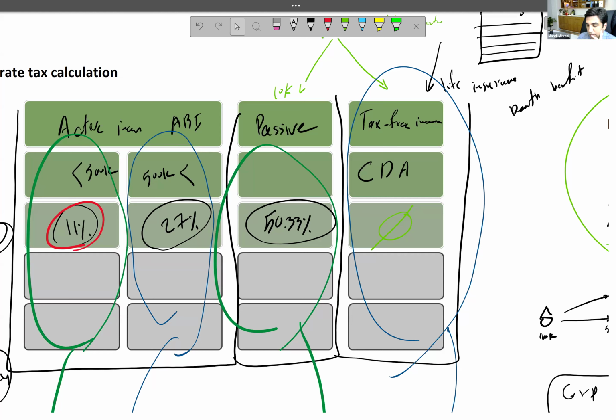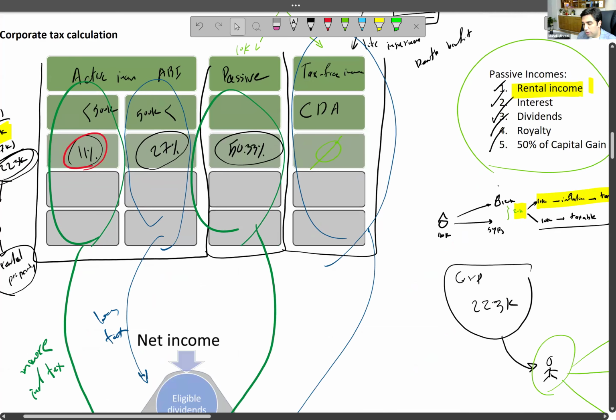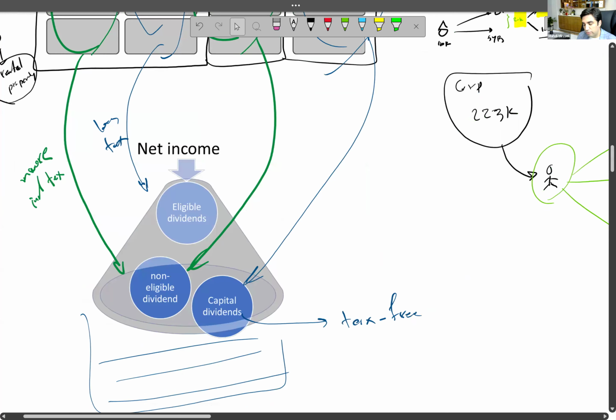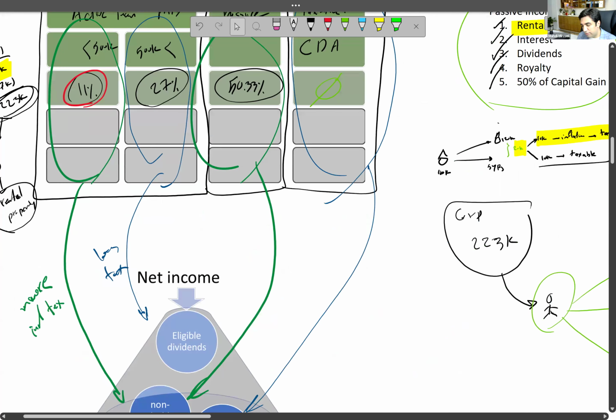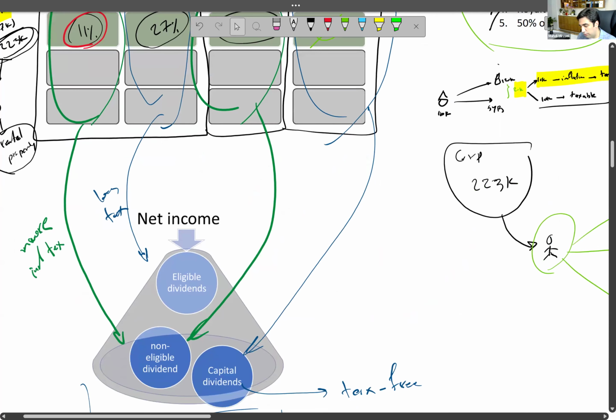And then the last bucket is the tax-free bucket, which is called the capital dividend account, or CDA. Any money that goes into this bucket is tax free, and the corporation does not need to pay any tax on that. And then we talked about that after we pay the corporate tax, we want to take out the money on the individual side.